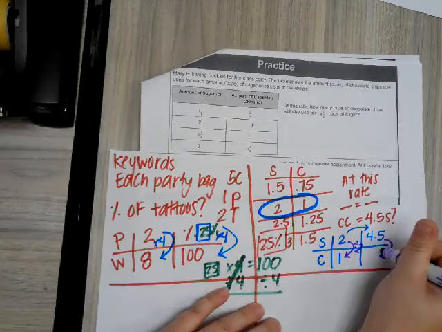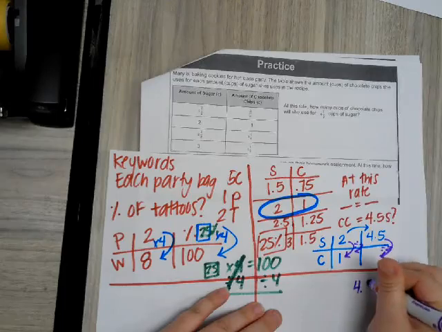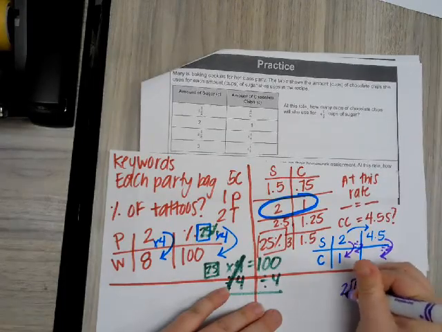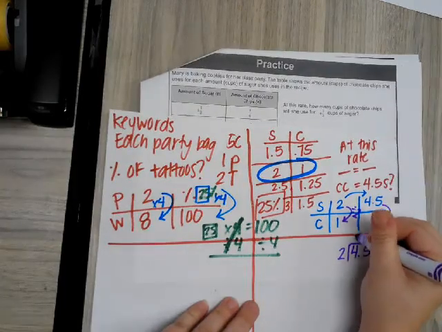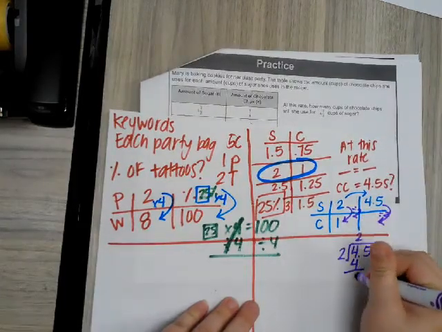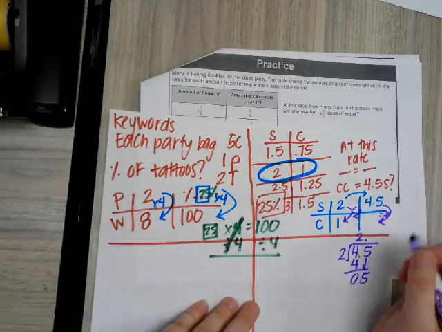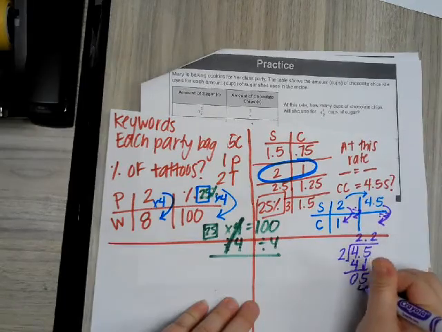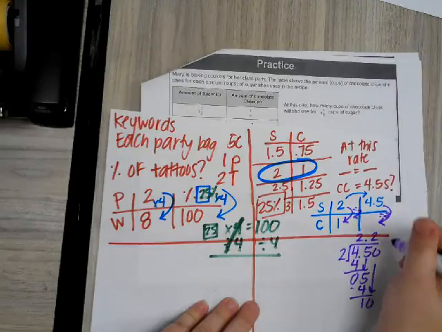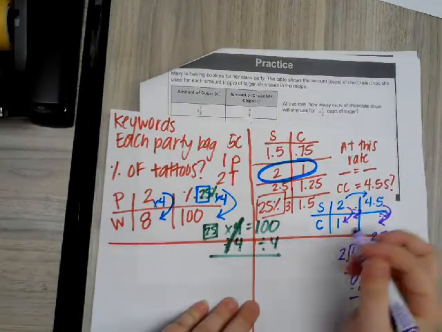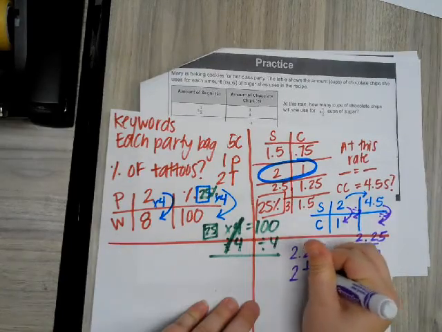So I'm going to do 4.5 divided by 2. 2 can go into 4 twice. Subtract that, 0, bring down my 5, bring up my decimal. 2 goes into 5 twice. Subtract that, 1, add a 0. 2 goes into 10 5 times. So she uses 2.25 or 2 1/4 cups of chocolate chips.